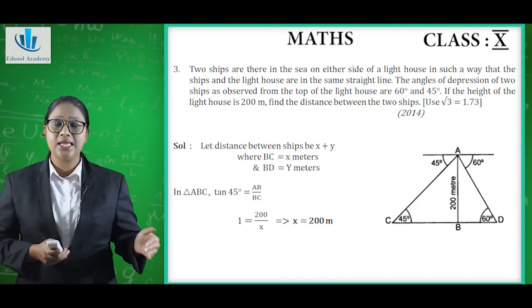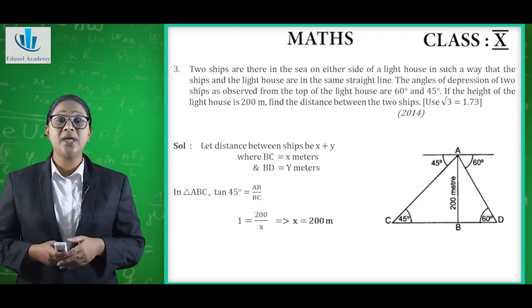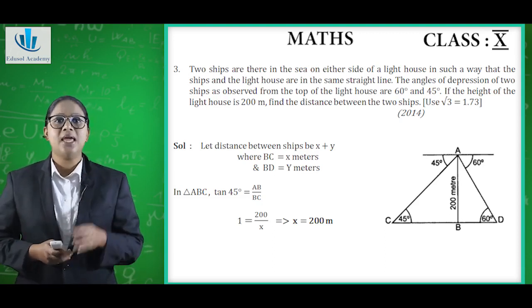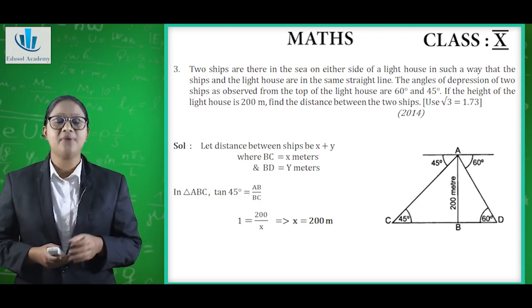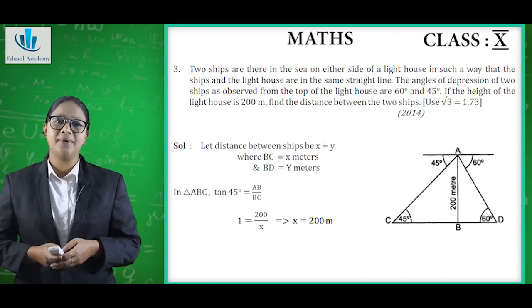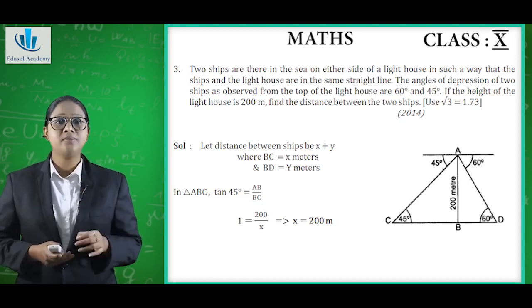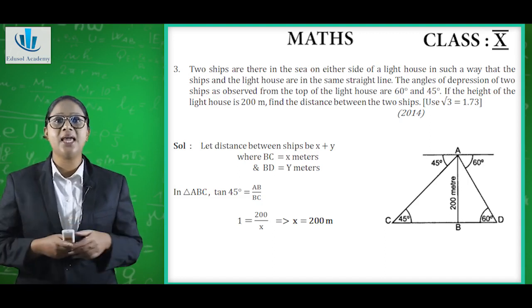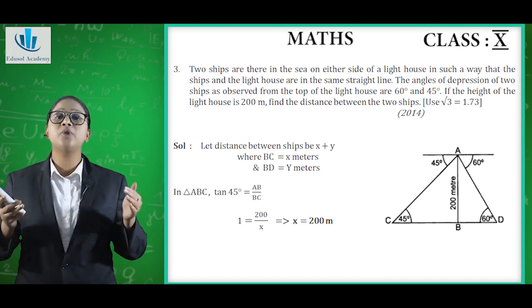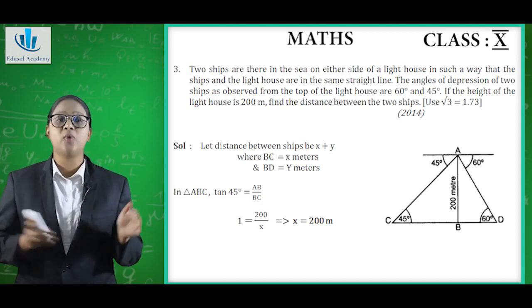So angle D inside will be 60 degree. So we will get two right triangles. In the first right triangle ABC, tan 45 is equal to AB by BC. And one more thing, we have taken the distance BC as X and distance BD as Y. So the total distance between the ships would be X plus Y together.